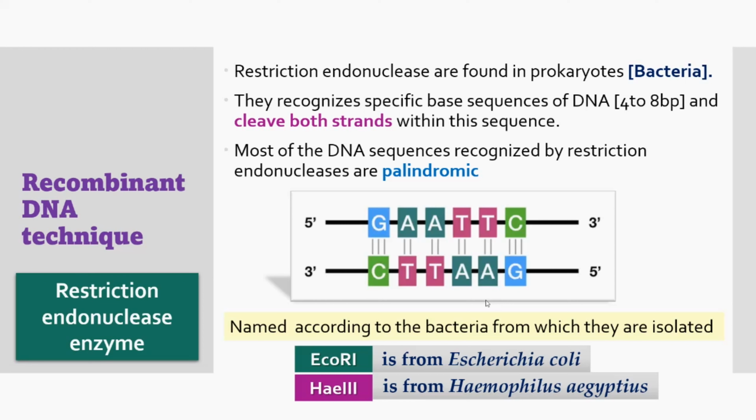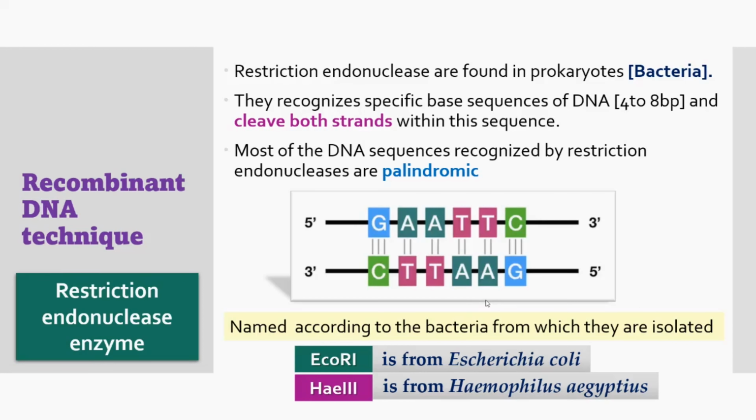These restriction endonucleases cannot cleave methylated bases. And please remember the specificity of these restriction endonucleases is not random. Rather, it is specific. Each restriction enzyme has its own specificity.